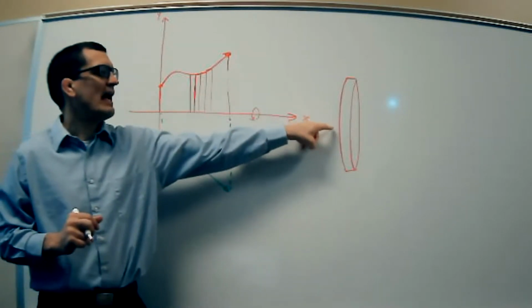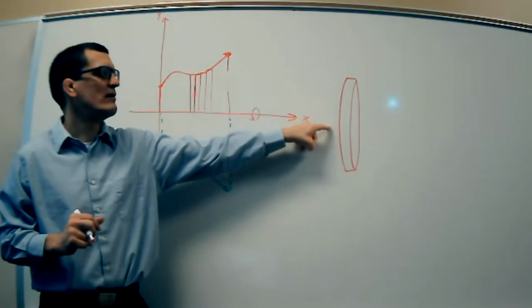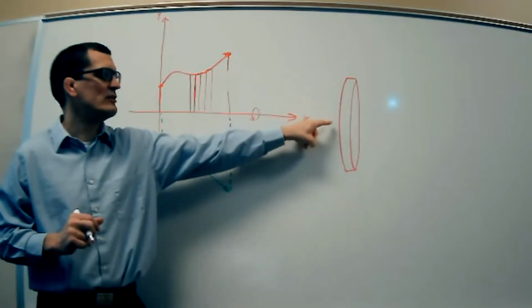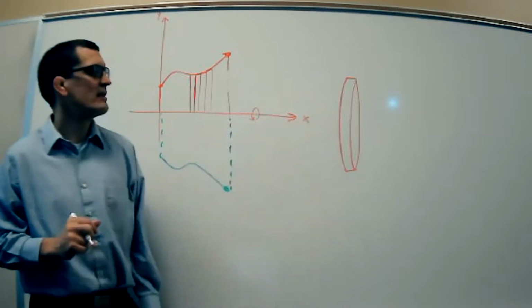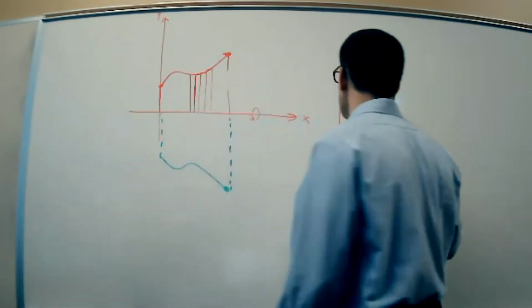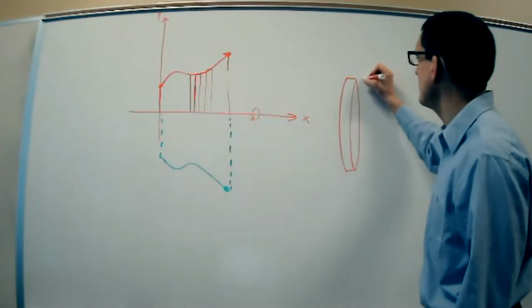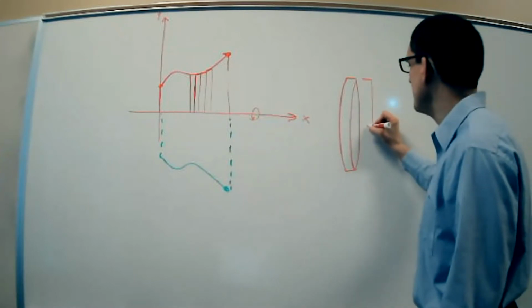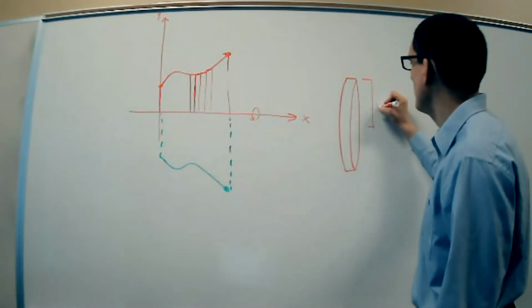Now, the volume of one of these disks. Well, how do we find the volume of one of these disks? Basically, you look at the radius of the disk, we'll call that r.